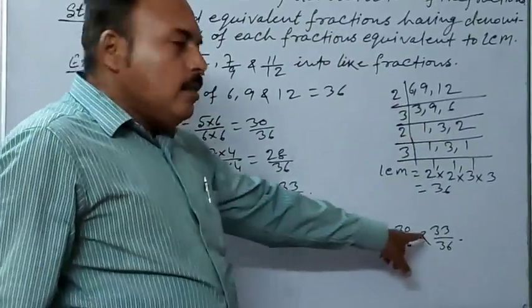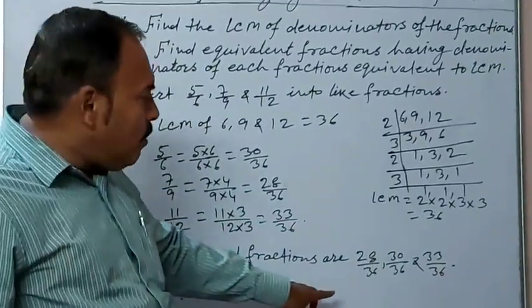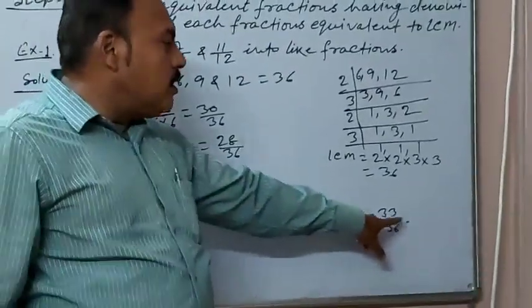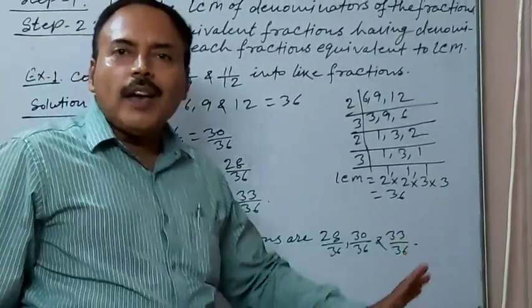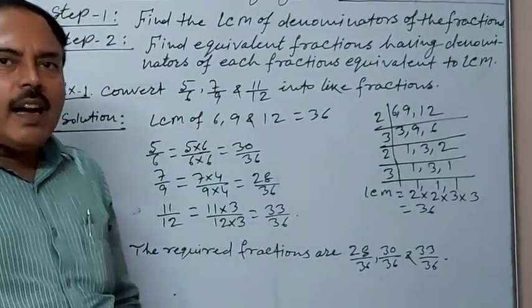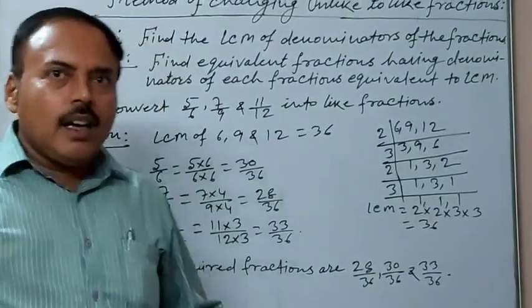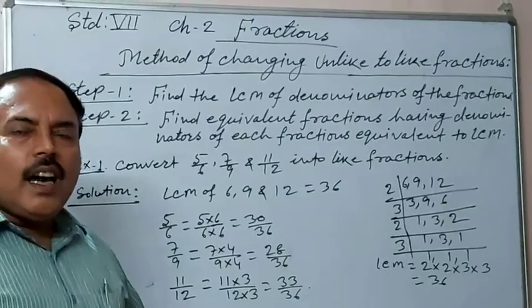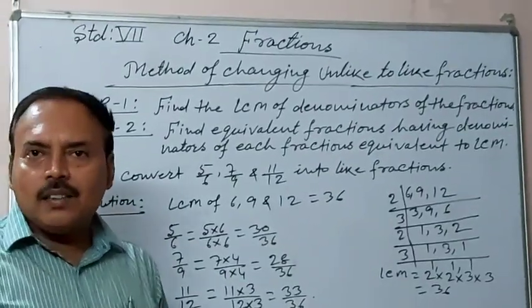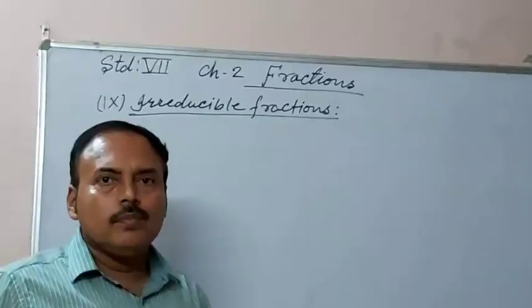Now all the three fractions have the same denominator 36, so these are like fractions. Thus we have understood the method of changing unlike fractions into like fractions by the example also.